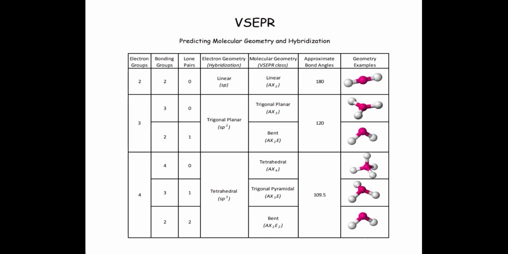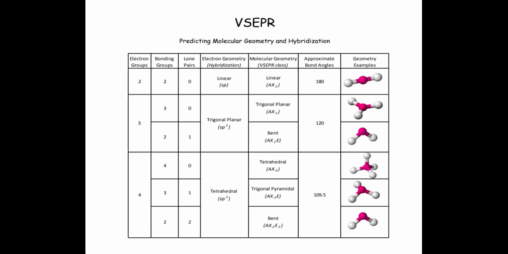These are the atoms that are actually bonded to your central atom, and then here are the lone pair groups. The total electron groups is both bonding and non-bonding, or lone pairs. So here you can see that lone pairs are 0, and the number of atoms bonded is 2. So the total electron groups is 2.